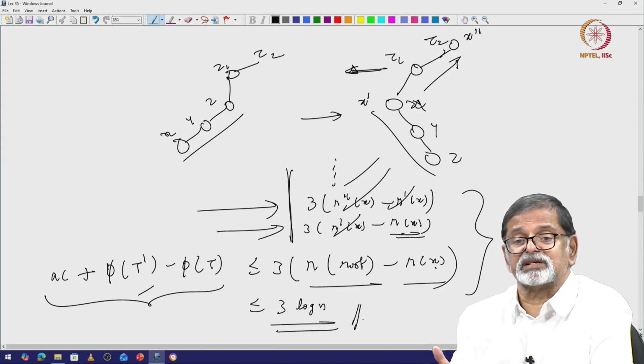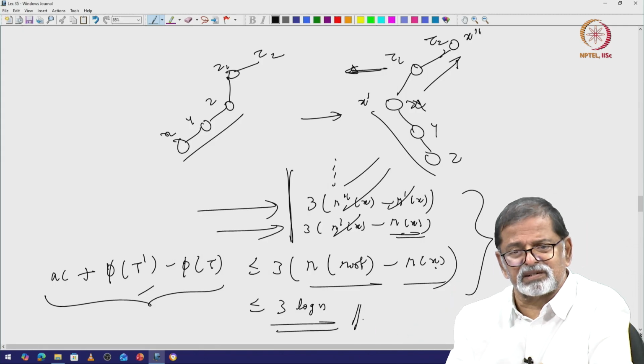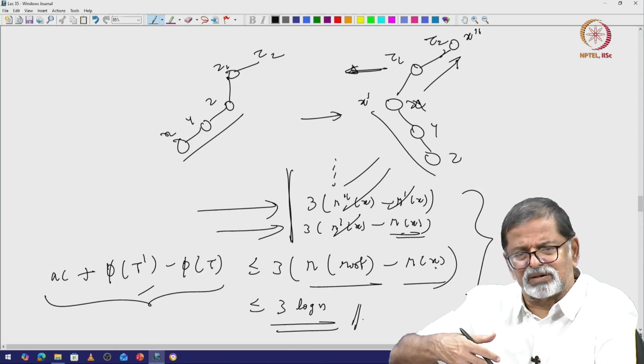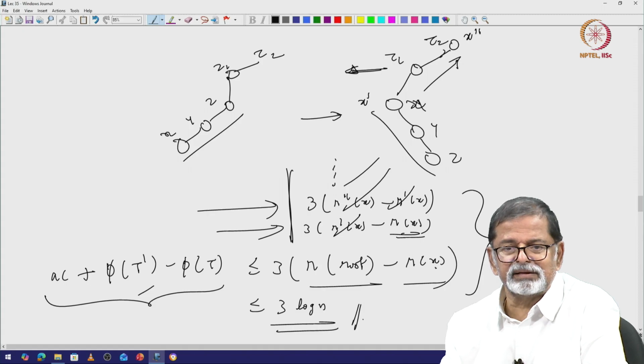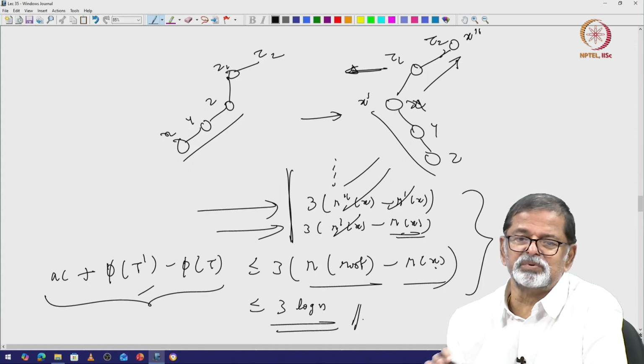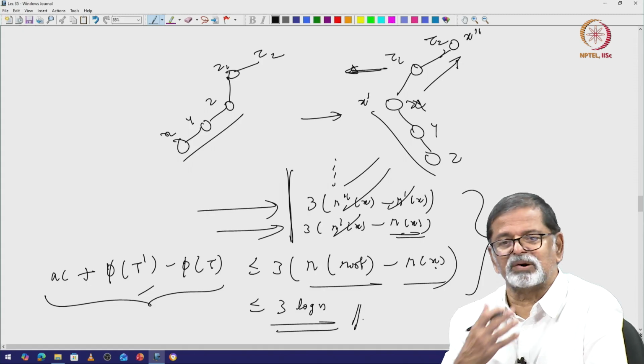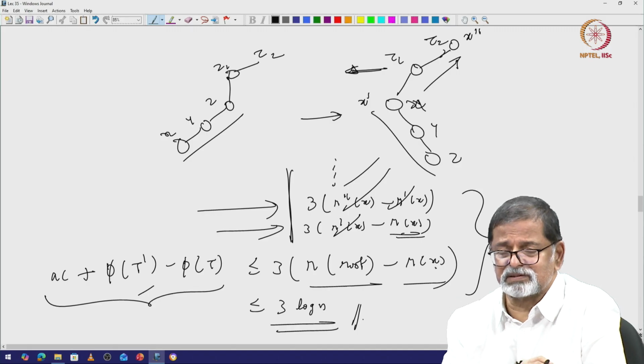Similarly, you can show that for amortized cost of insert and anything, the actual cost plus potential difference will always be less than or equal to 3 log n. This is a beautiful expression for the amortized cost of all operations.